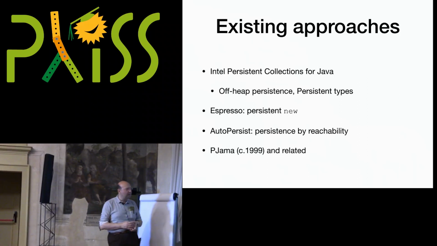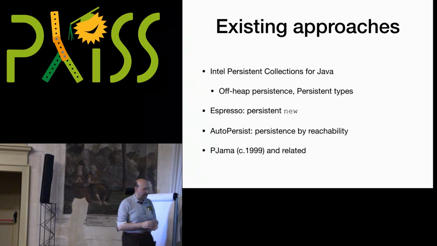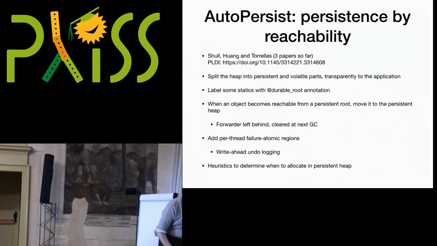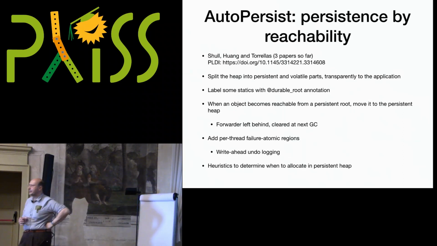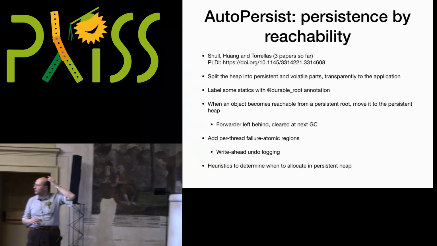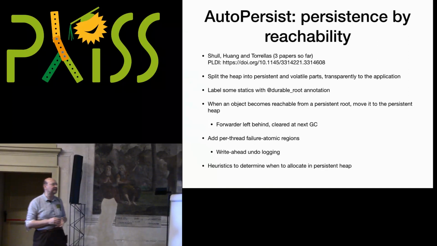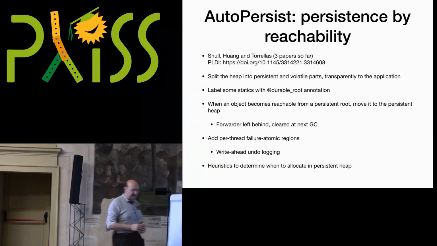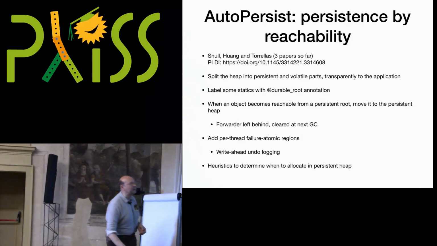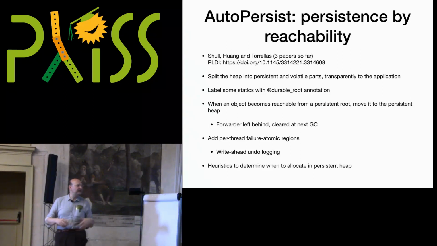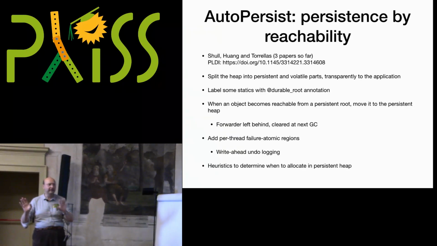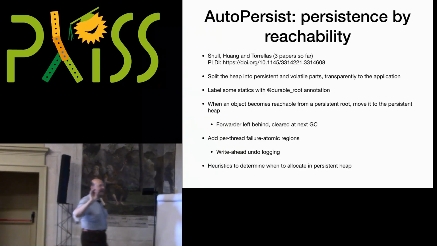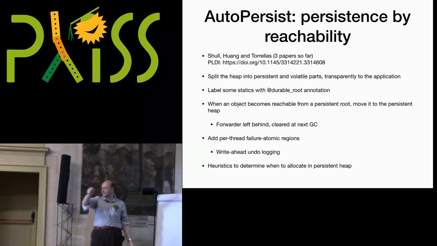There's a more plausible piece of work that's come out of Illinois called AutoPersist. I have 3 papers, and I'm citing the most recent one, which has been accepted for this year's PLDI. It takes the reachability approach and follows it through. So they split the heap into persistent and volatile parts, but that's transparent to the programmer. The programmer just labels some statics with a special annotation and says, this is now durable.